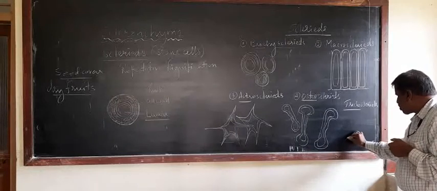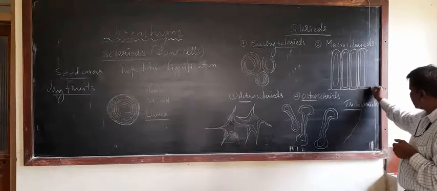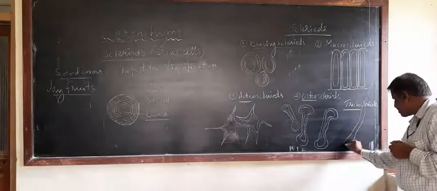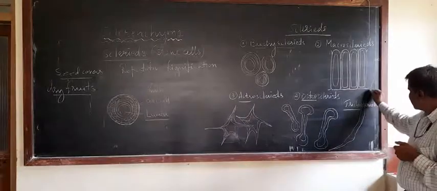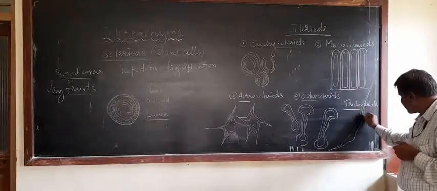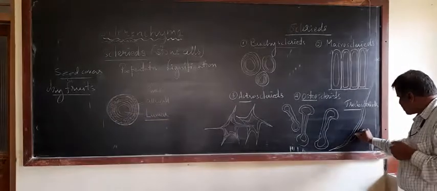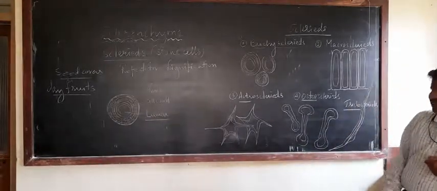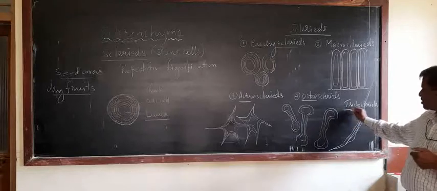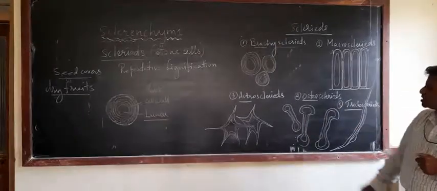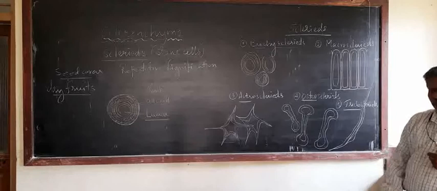Trichosclereids are very much elongated, and only thing is they are very elongated and looking like hairs. That is why we refer to them as trichosclereids. These are the five kinds of sclereids.